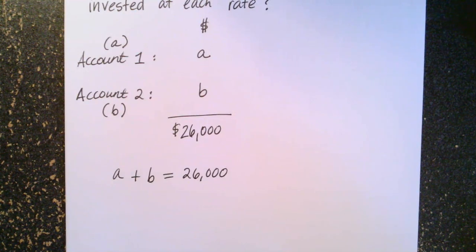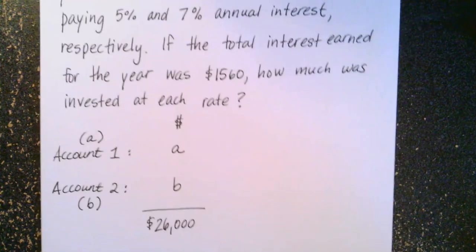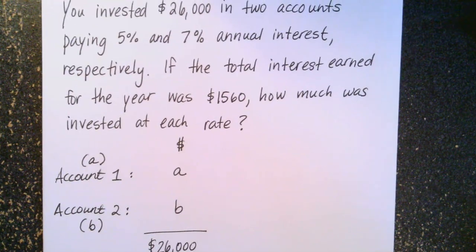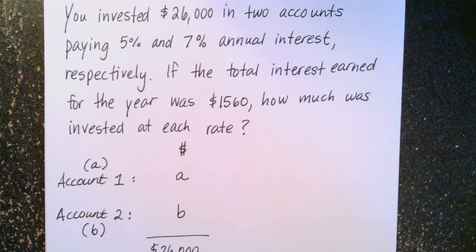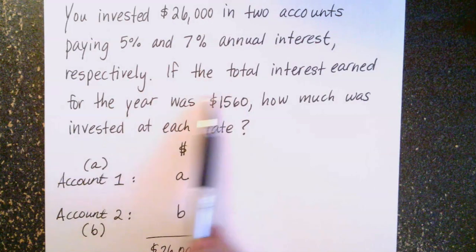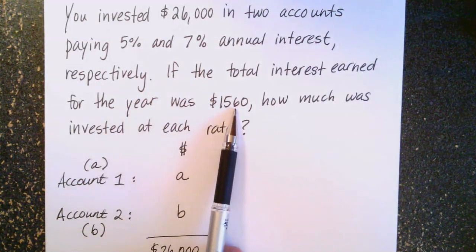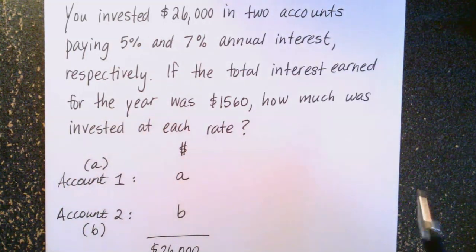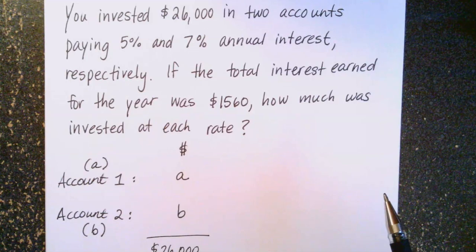I need another one. If you want to solve for two variables, you have to have two equations. If you were trying to solve for three variables, you'd have to have three. You have to have at least as many equations as you do variables or unknowns. The next thing we know is how much interest was earned. It says for the year, which implies that I just want to know about what happens in the course of one year.